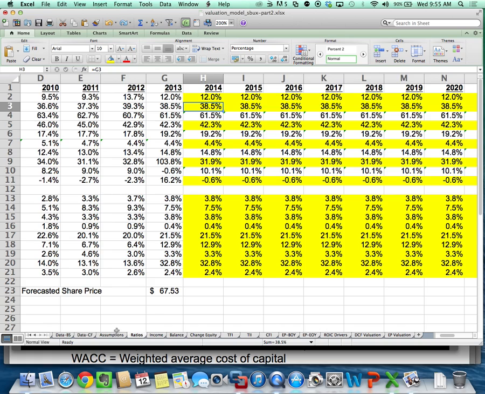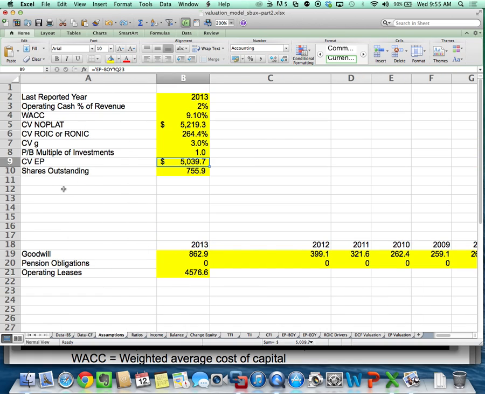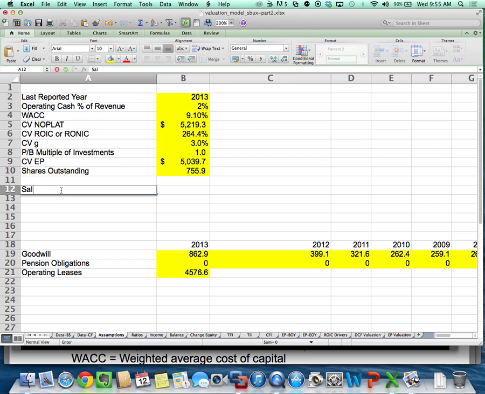What I'm going to do is, in my assumptions tab, put in an assumption for sales year 1, sales year 2, operating profit year 1, operating profit year 2.